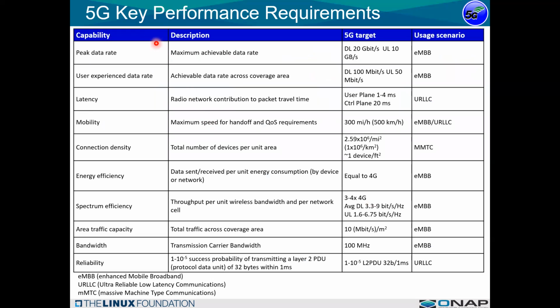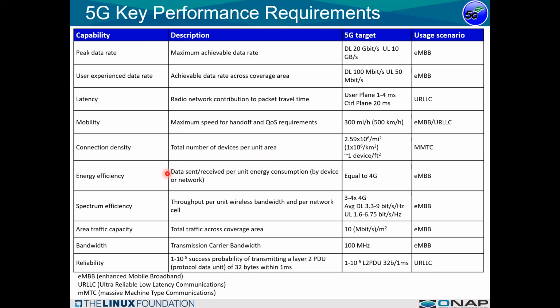So some 5G performance requirements: peak data rates of 20 gigabits per second downlink, uplink speeds of 10 gigabits per second, ultra reliable low latency, of course, in the user plane 1 to 4 milliseconds, and in the control plane 20 milliseconds, maximum speed for handoff and QoS quality of service requirements at 300 miles per hour or 500 kmh, a connection density of 1 million devices per square kilometer, and that's roughly 1 device per square foot.